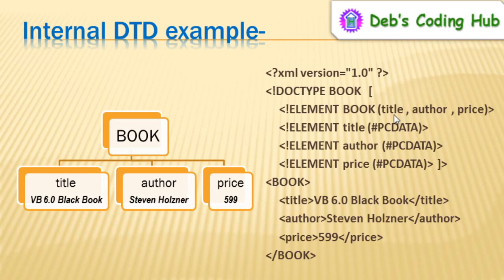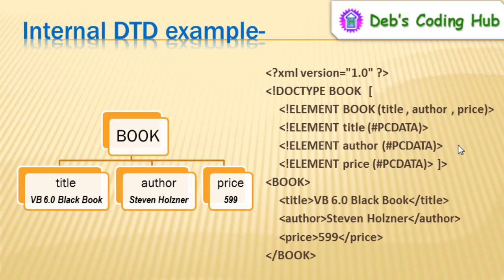So book will only support three child elements. In the XML document, we cannot write more than this. So title, comma, author, comma, price. It is put inside the parenthesis, and then we close the element.